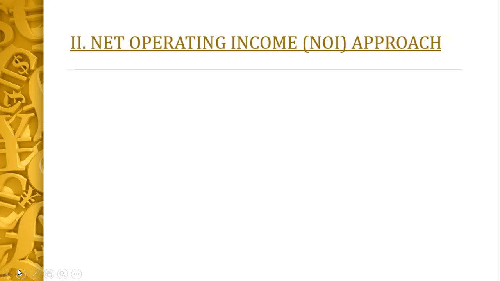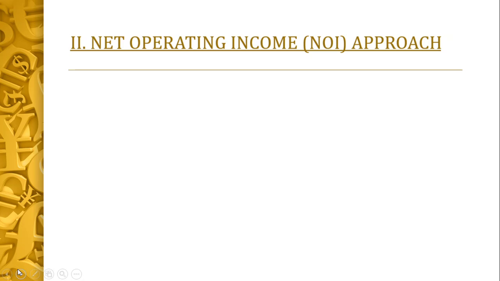So what does the net income approach tell in one sentence? The net income approach tells that capital structure is relevant for the decisions to be taken by an organization.